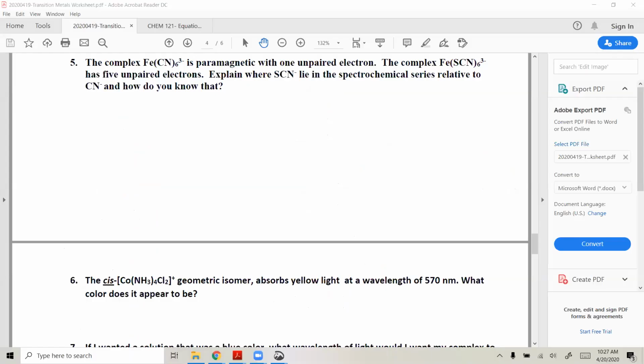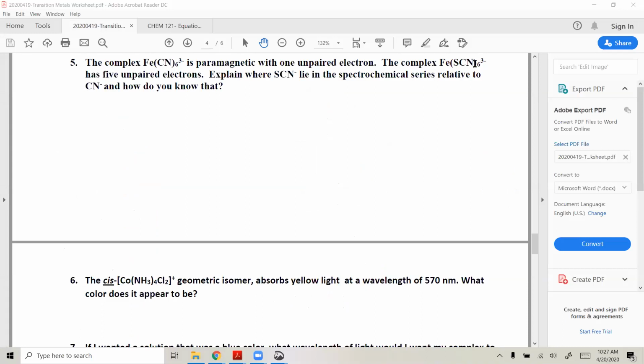So when we look at number 5 here, it's saying that with our cyano-CN, we end up with 1 unpaired electron. With thiocyanate, we end up with 5 unpaired electrons. So which one should be our low spin state?